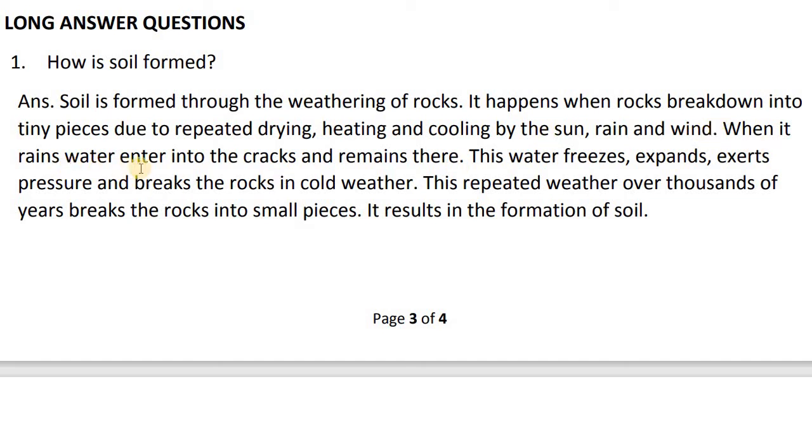When it rains, water enters into the cracks and remains there. This water freezes, expands, exerts pressure, and breaks the rocks in cold weather. This repeated weathering over thousands of years breaks the rocks into small pieces, it results in the formation of soil.